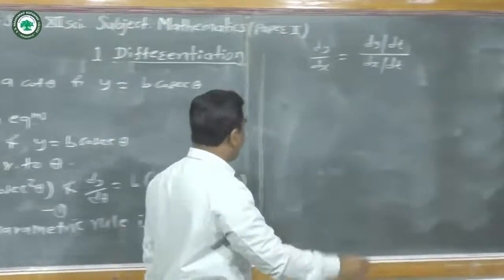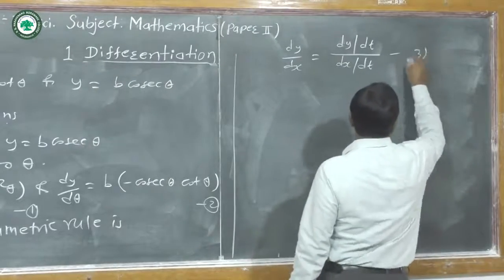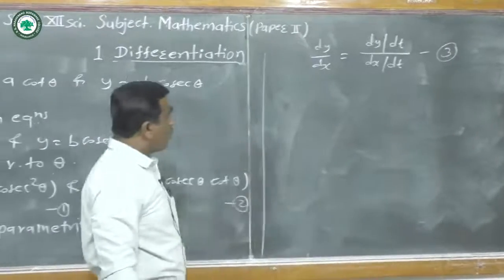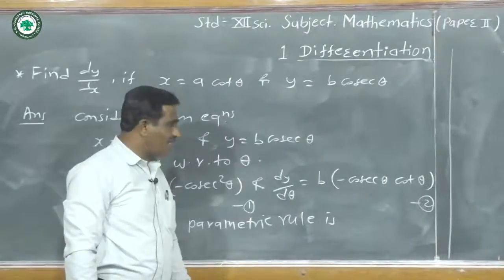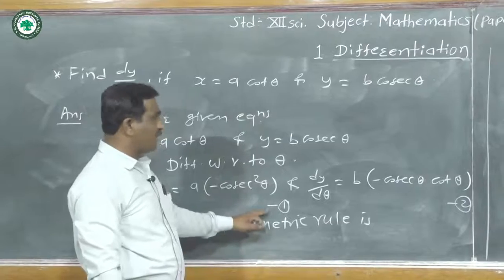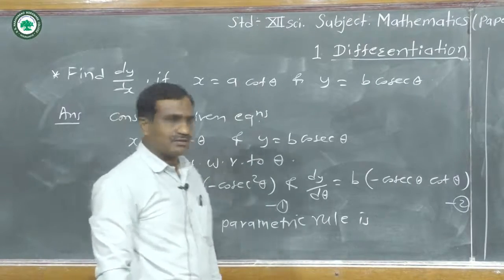So this is equation number third. Now put values of dy by dt and dx by dt from equations first and second in equation third.